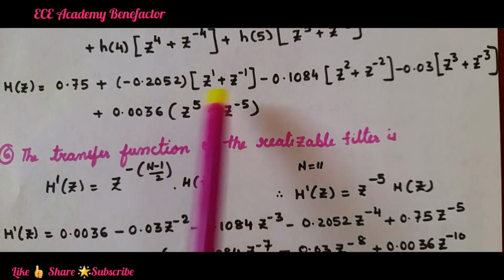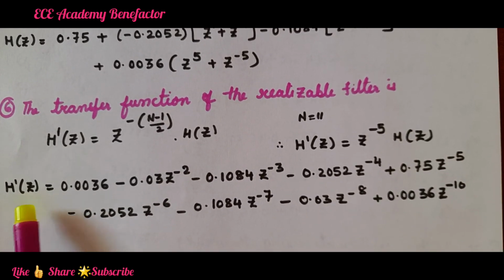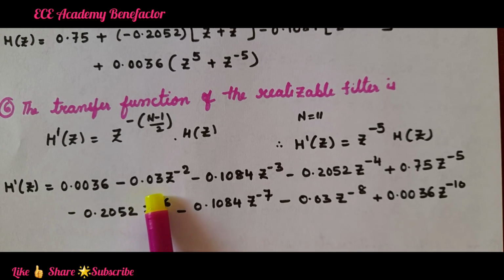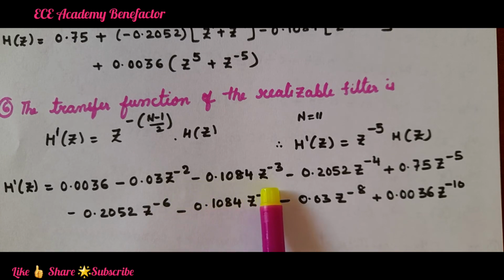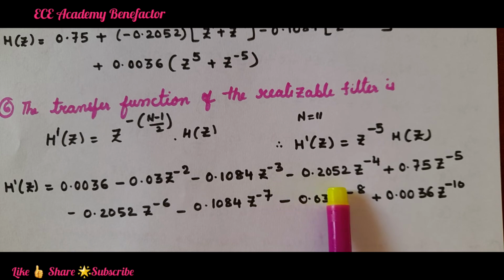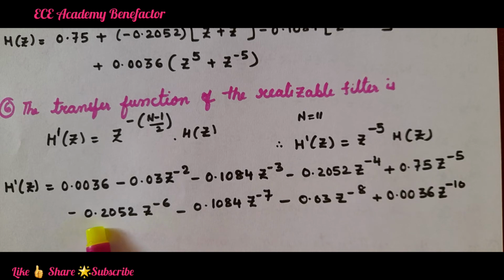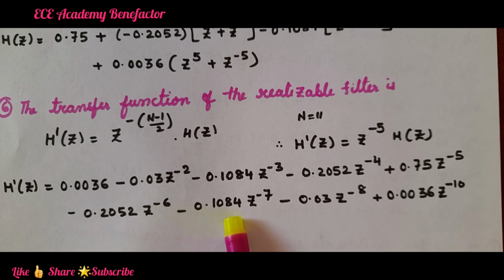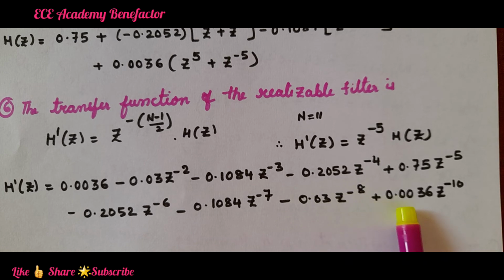So, on multiplying this complete equation with z to the power minus 5, we are getting H dash of z as 0.0036 minus 0.03 z to the power minus 2 minus 0.1084 z to the power minus 3 minus 0.2052 z to the power minus 4 plus 0.75 z to the power minus 5 minus 0.2052 z to the power minus 6 minus 0.1084 z to the power minus 7 minus 0.03 z to the minus 8 plus 0.0036 z to the power minus 10.